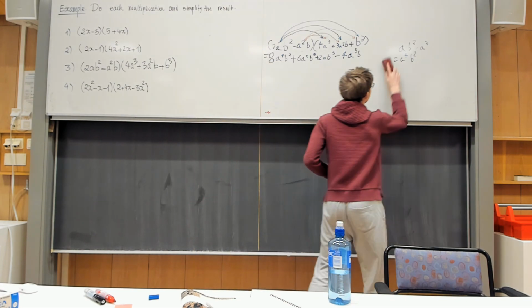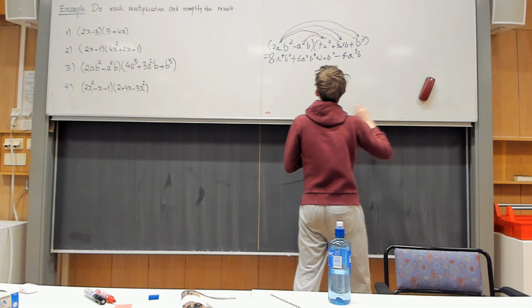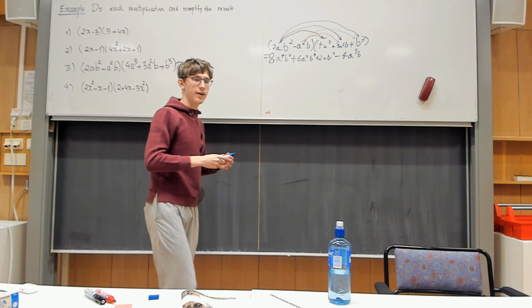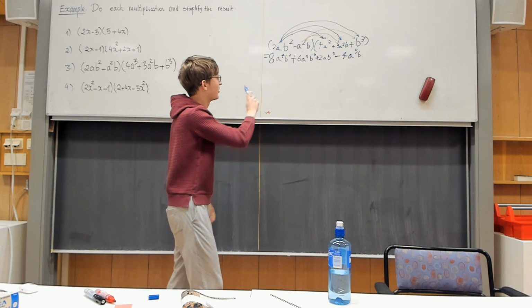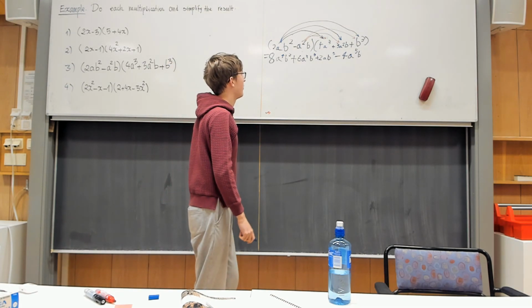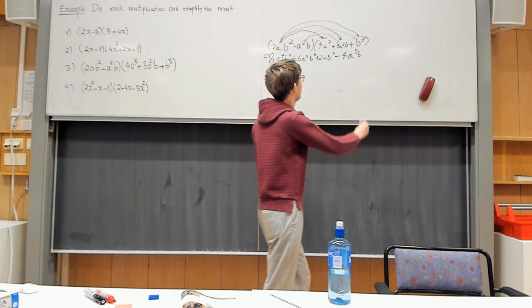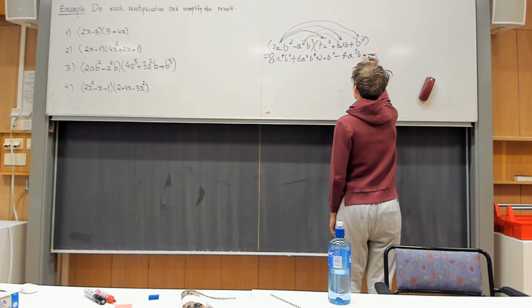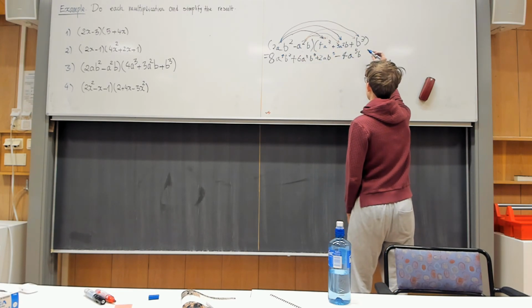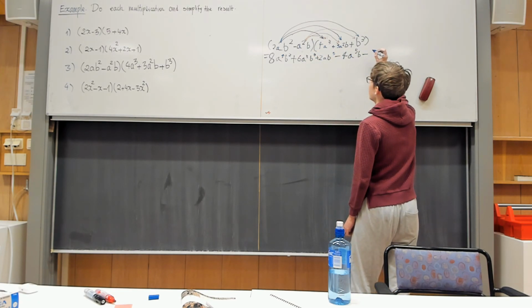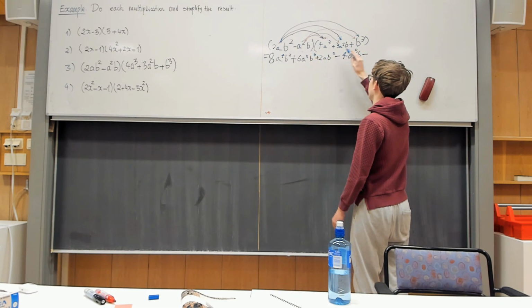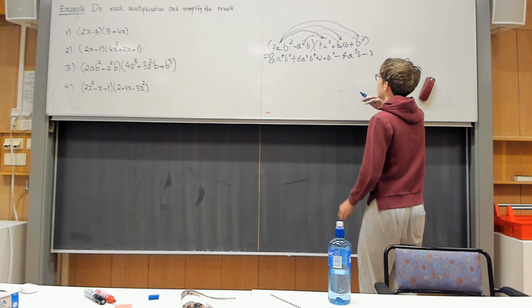Now we should make some space. Then we have negative a squared and b multiplied with 3a squared and b. Which becomes, the sign is negative again, because we have a negative sign and a positive sign. Then we have a coefficient of 1 here, and 3 here, so that just becomes 3.